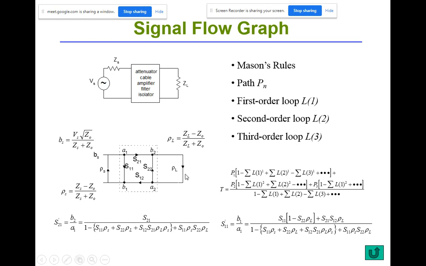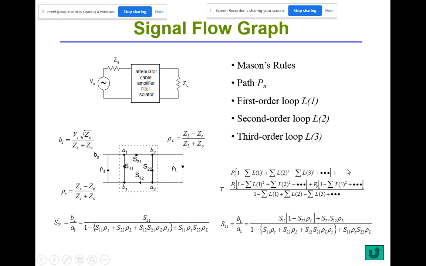And then I have rho L times S22. This is the second first order loop. And then I have this whole thing as a loop. So I have S21 rho L S12 times rho S. This is also a first order loop.